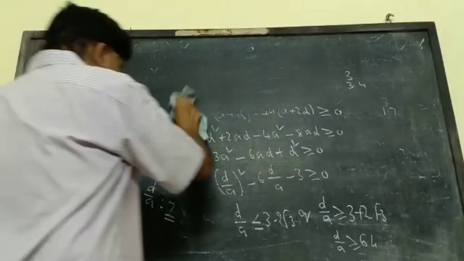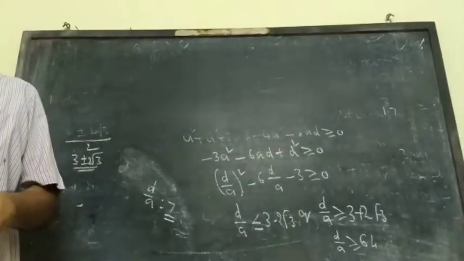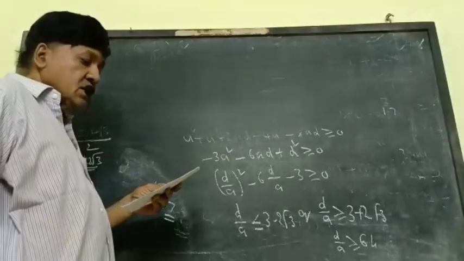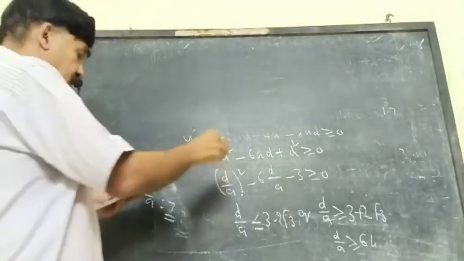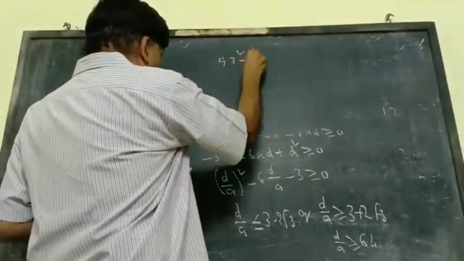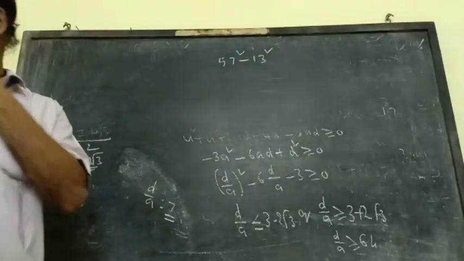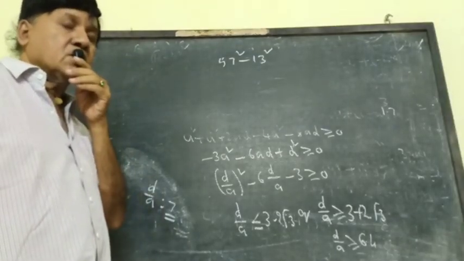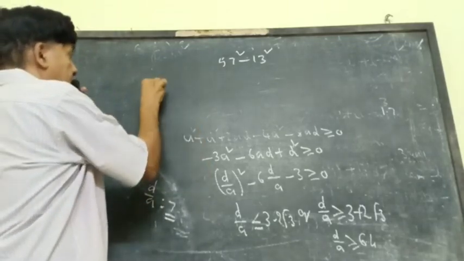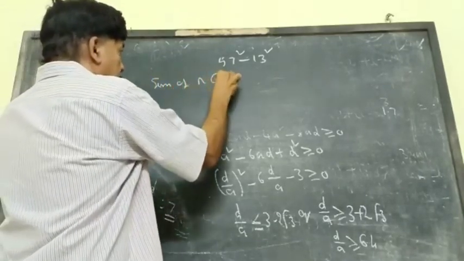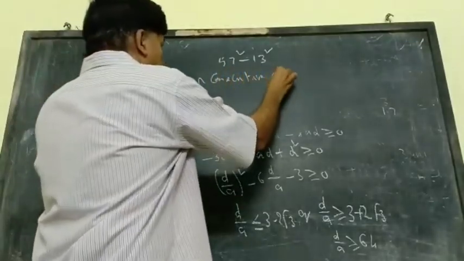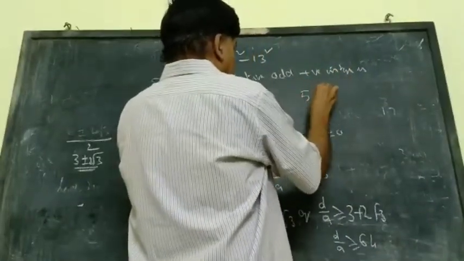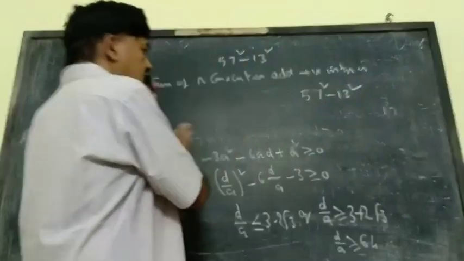The next question is: sum of n consecutive odd positive integers is 57 square minus 13 square.